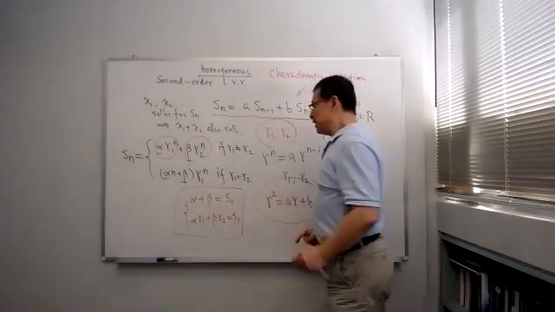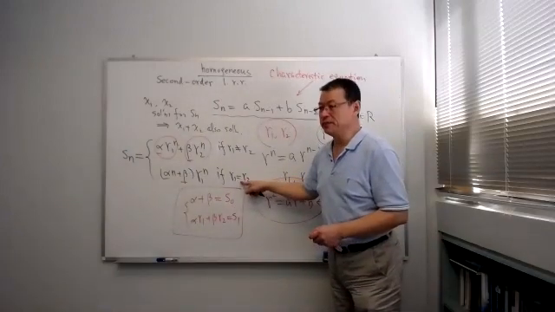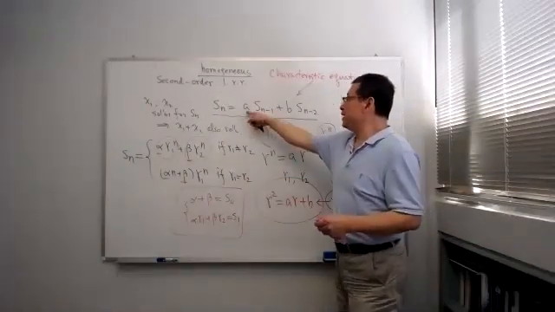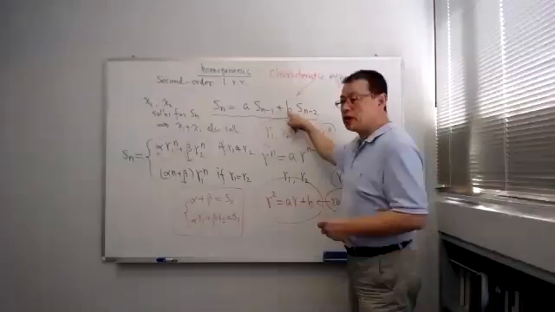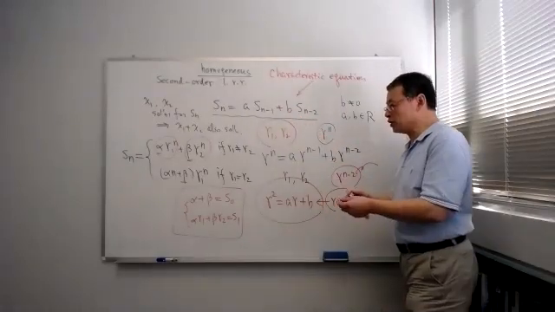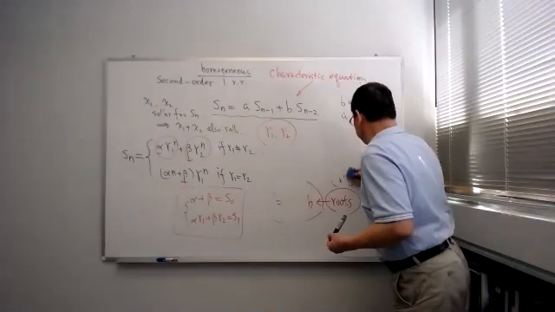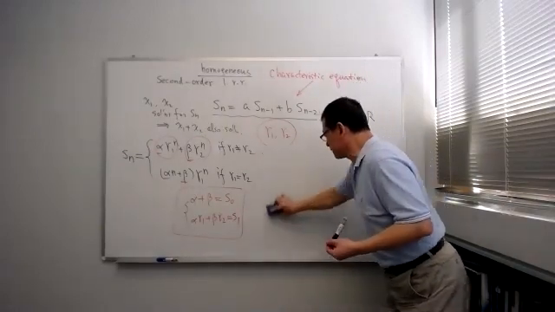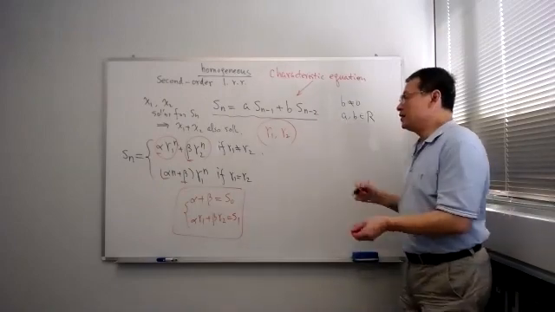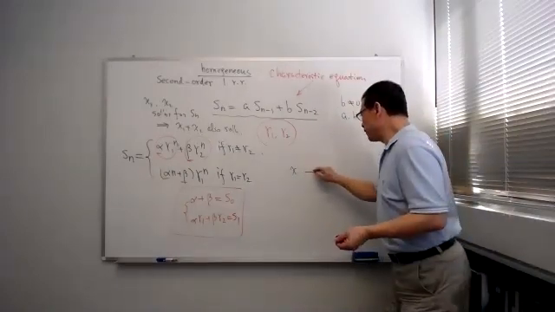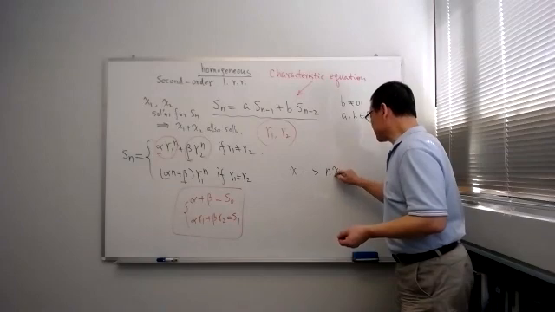Now for this one, when these two roots are the same, then A and B have a special relation, basically A squared minus 4B equals 0. Because of this special relation, if X is a solution, that will imply that n times X is also a solution.